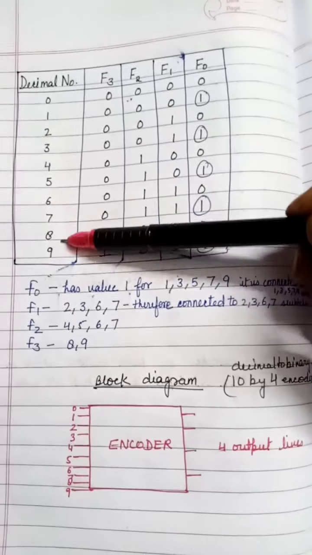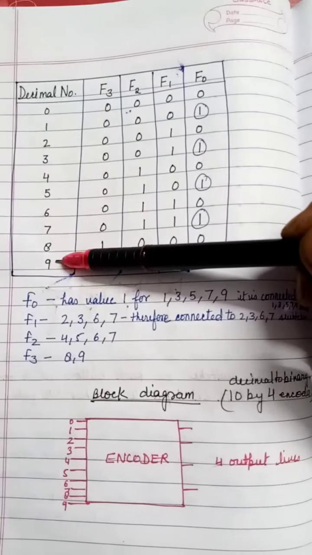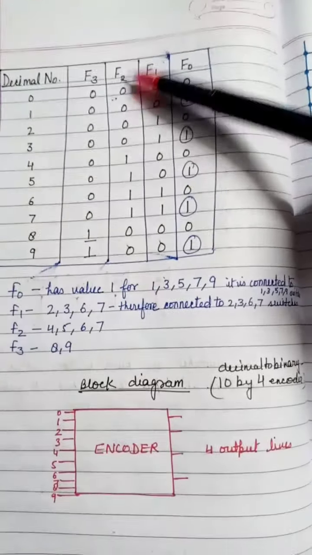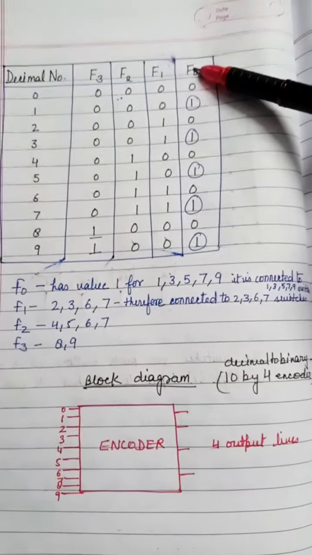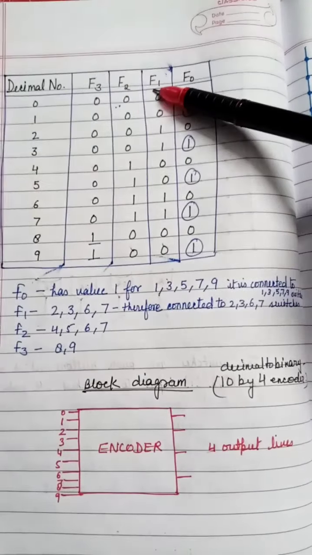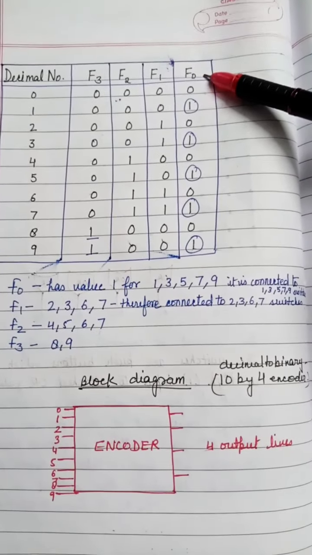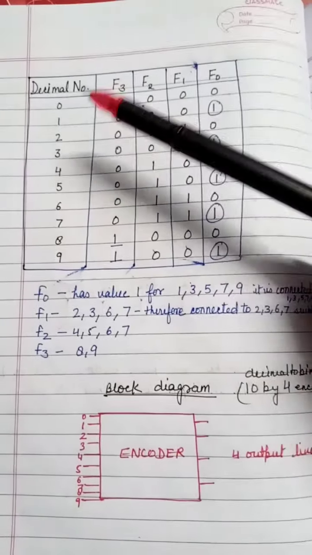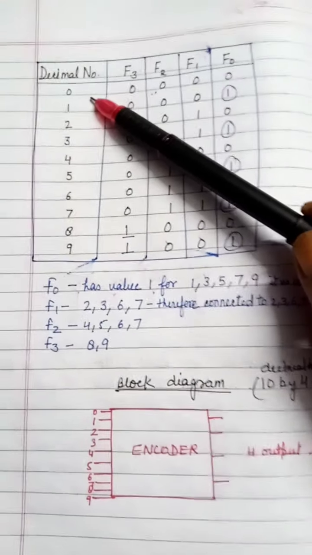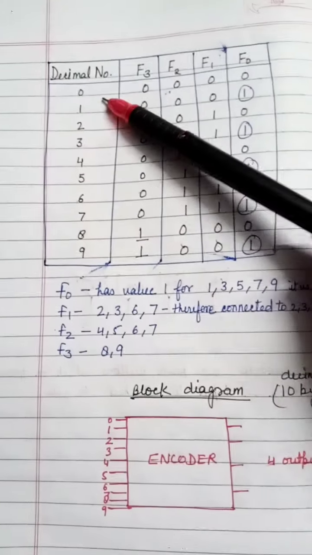Write down the decimal numbers from 0 to 9. Now 4 output lines. You can name them A, B, C, D also. I have taken F3, F2, F1, F0. These are the output lines. Now write down the binary equivalent of these decimal numbers.